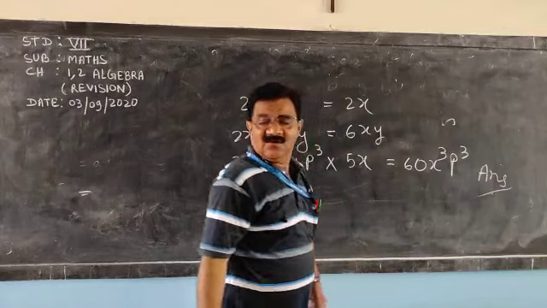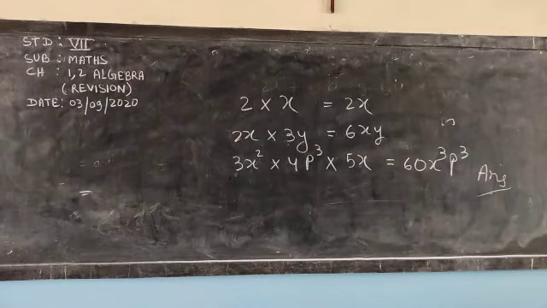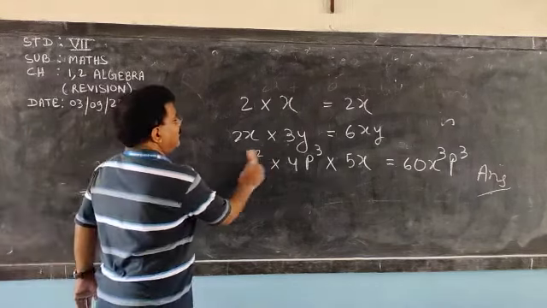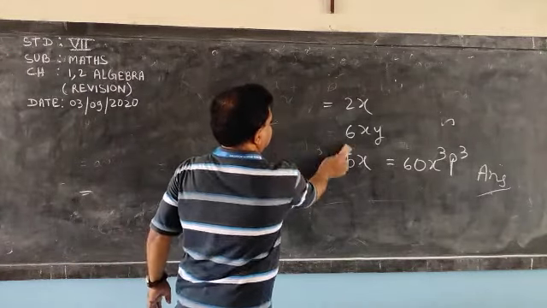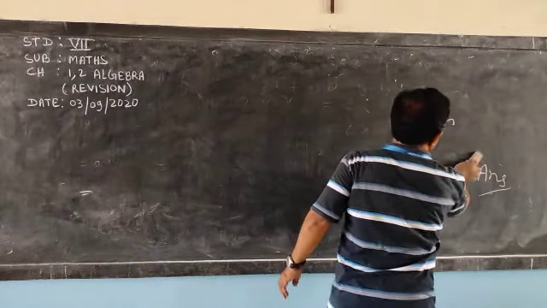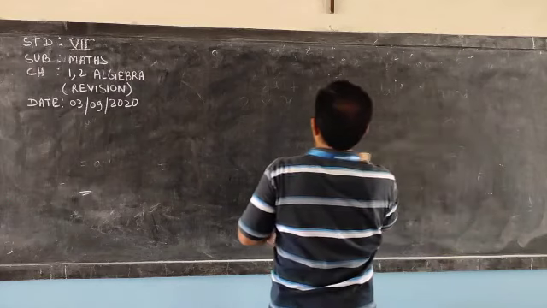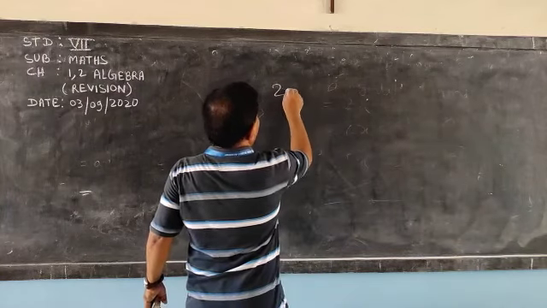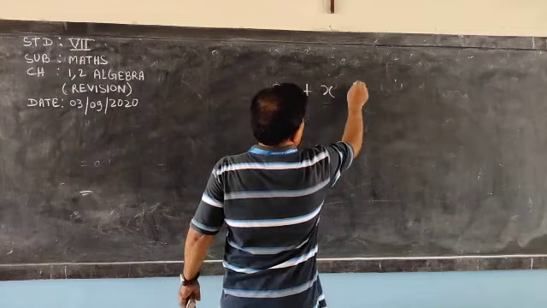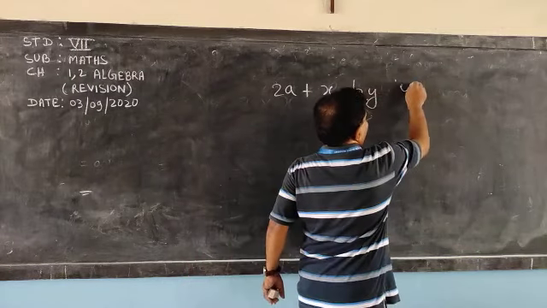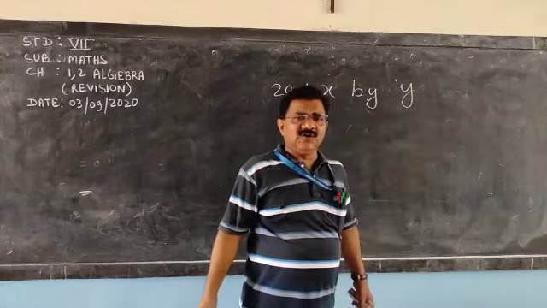So dear children, we have understood about multiplication also. Now let us find some more questions related to multiplication. If two terms are there and they are asked to multiply, for example if I have asked you to multiply 2a plus x by y, what will you do?